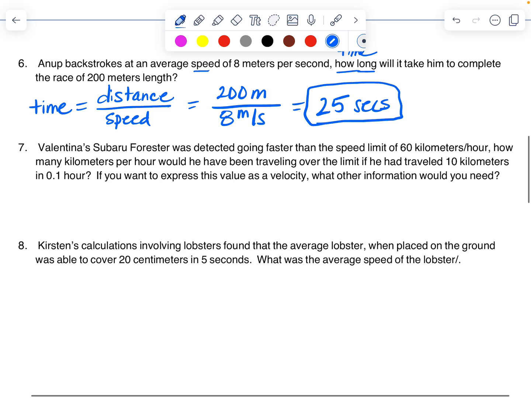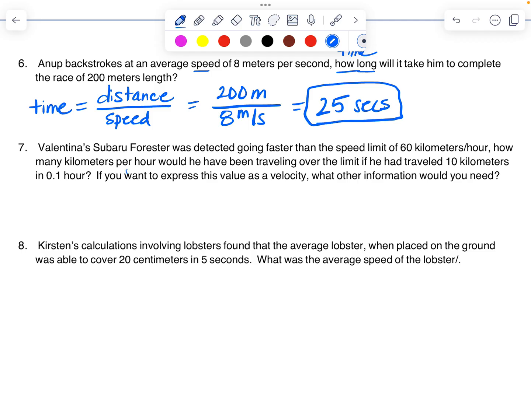Valentina's Subaru Forester was detected going faster than the speed limit of 60 kilometers per hour. How many kilometers per hour would he have been traveling over the limit if he had traveled 10 kilometers in 0.1 hours? It says, if you want to express this value as a velocity, what other information would you need? So there's a lot going on here.